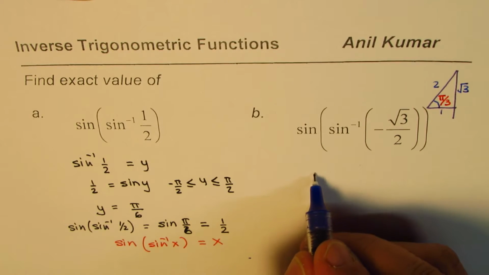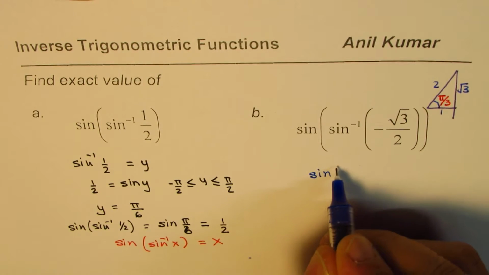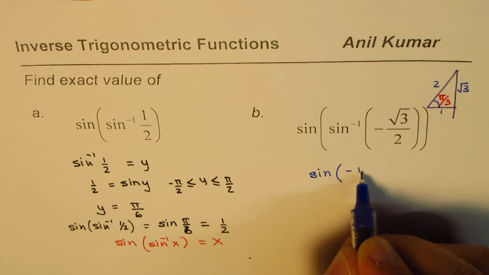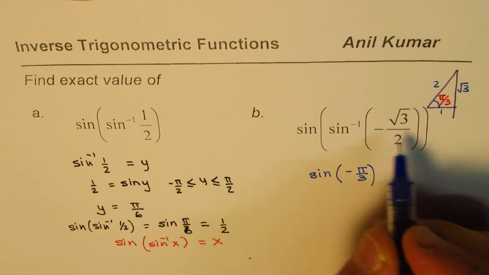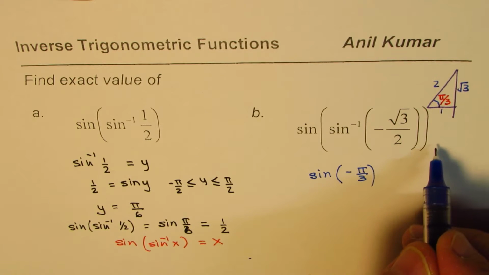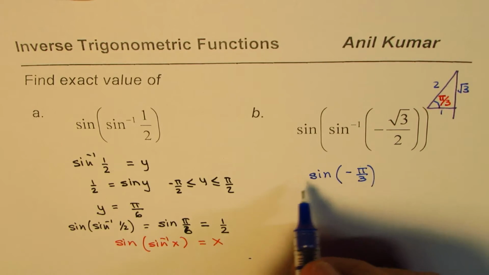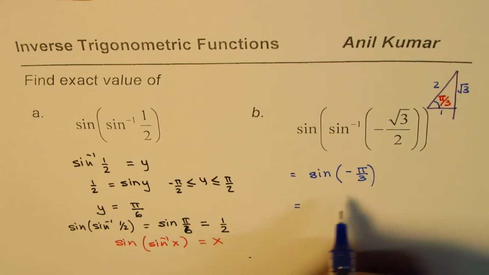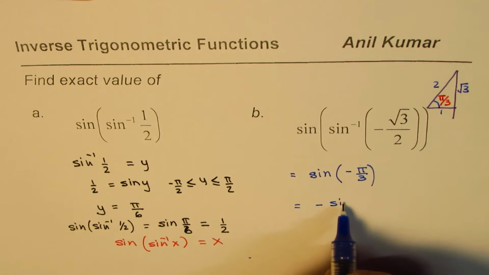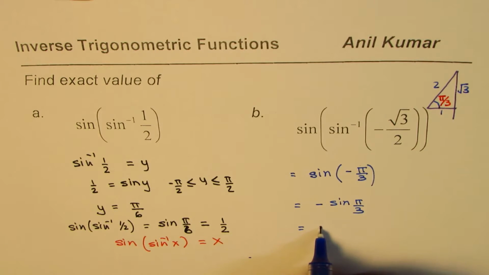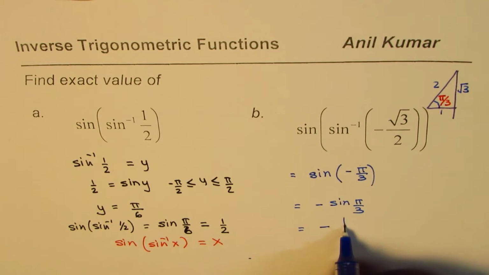So we can get here sine of minus pi by 3. Since this is negative, we are looking for clockwise movement of the angle, right? Now, sine of minus pi by 3 is minus sine pi by 3, which is equal to minus square root 3 over 2, correct?